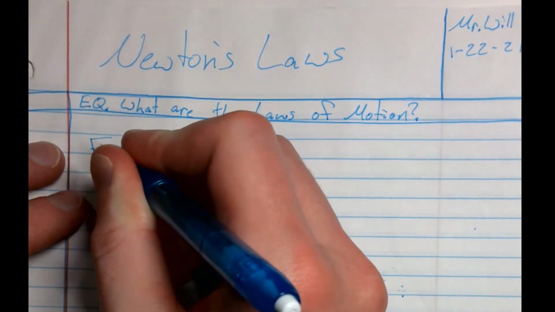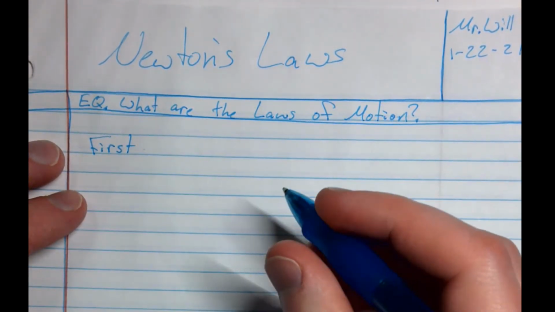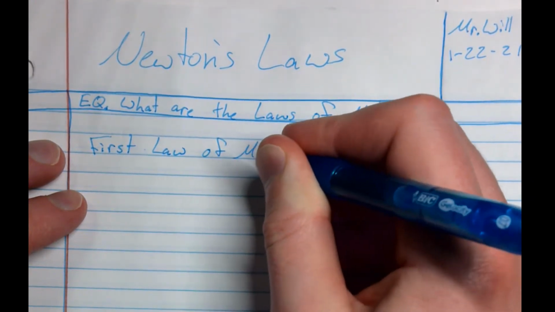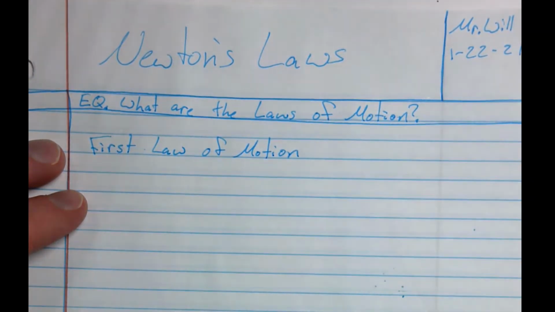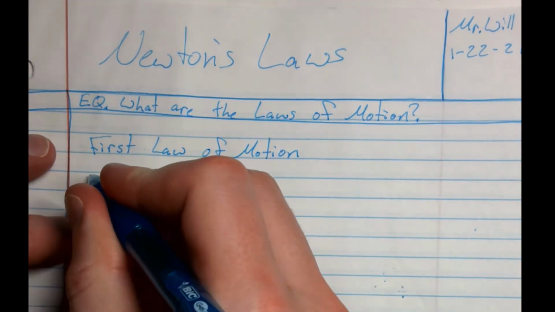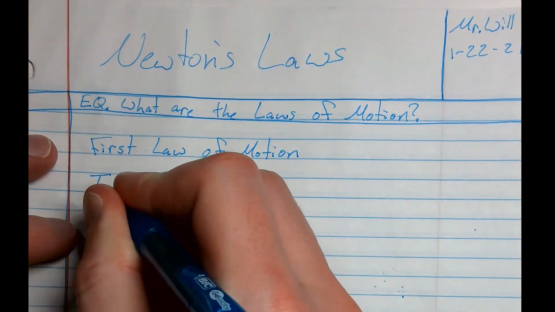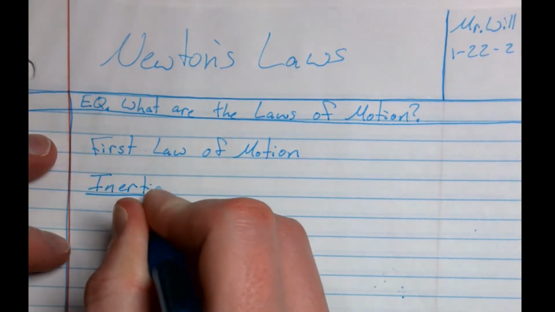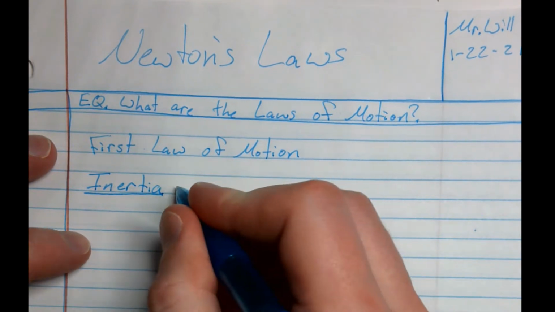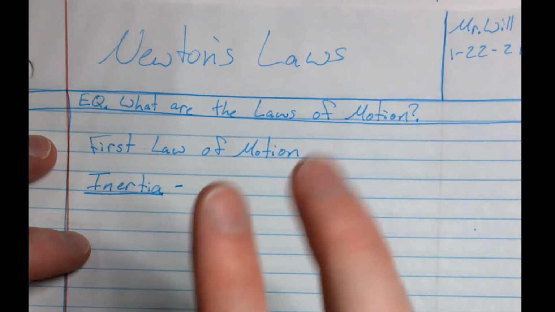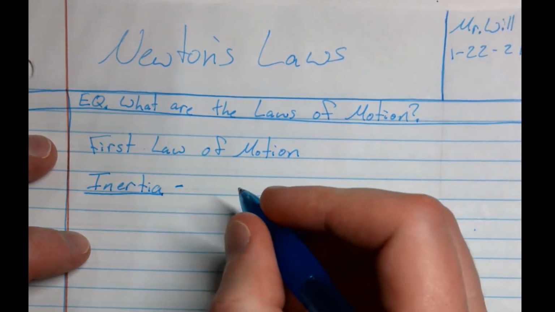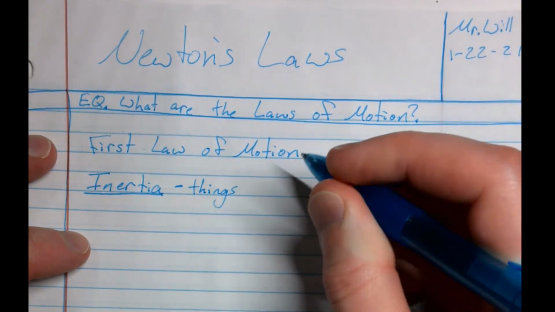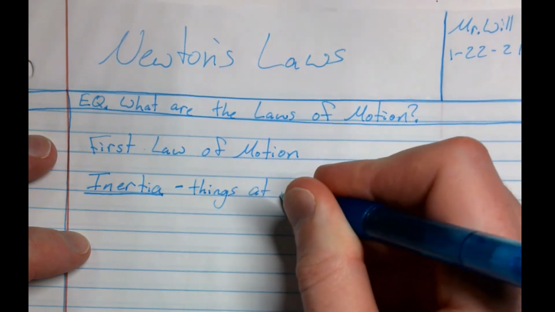So, first law of motion. And this one is called inertia. So let's underline that because that is a vocab word. And this one tells us 2 things. Things at rest stay at rest.